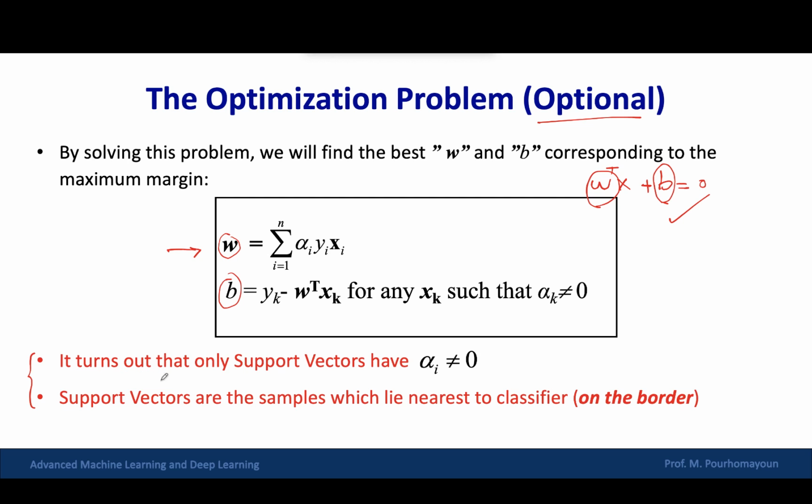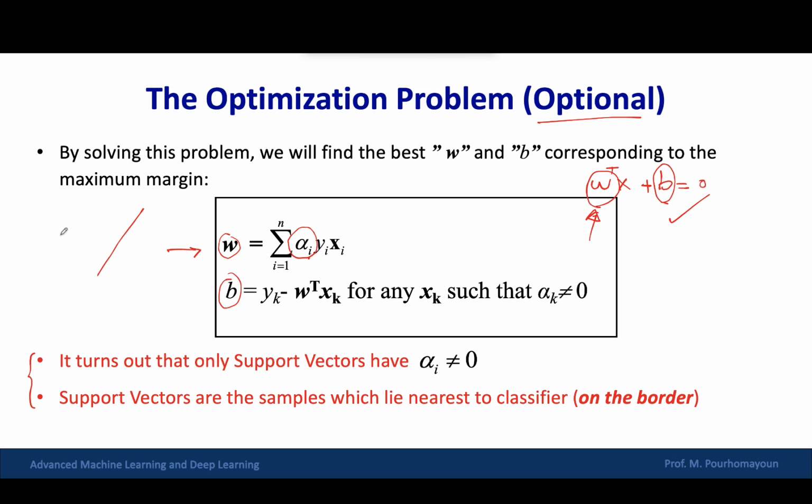It turns out that only for support vectors, okay, only for those vectors that are on the border, this value is not 0. Okay, it means that weight, this guy that you need to find the line, you just need to have those support vectors to know it.